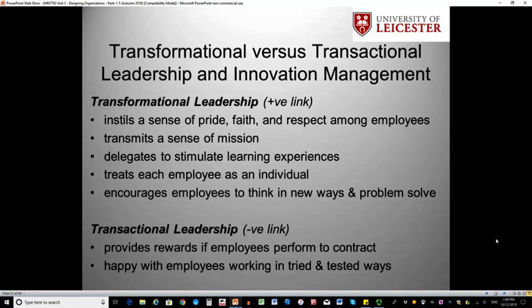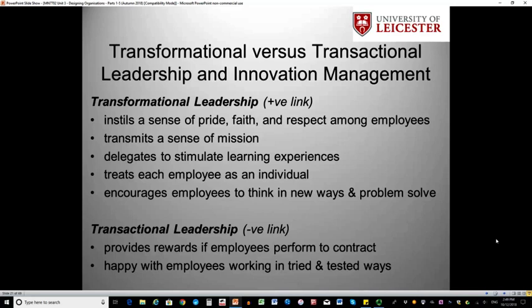Very briefly, I just want to touch on this because it is something that you would have covered before, so I don't want to go into too much detail. But linking in some of the stuff you've probably done on leadership, taking one way of thinking about leadership, the difference between transformational leadership and transactional leadership.